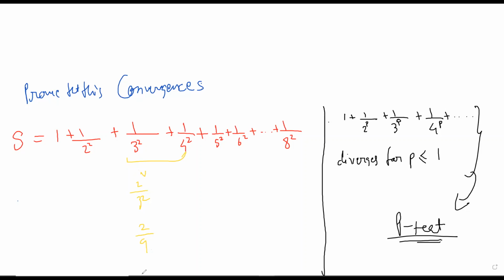And then if I pick 5, 6, 7, 8, the next 4 terms, it will become 4/25. So 4/5 square. Maybe that's more telling. Is this making 1/2 square, 2/3 square, 4/5 square?